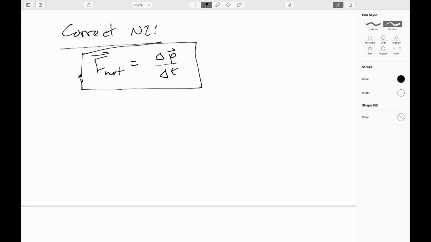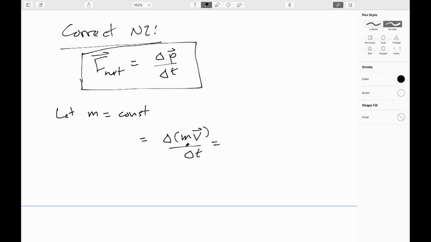So it's probably worthwhile to see how we get the F net equals ma that we've been using. Let's make m equal to a constant. In that case, this is the time rate of change of the momentum. Delta P would be the change in the quantity m times v, over t.